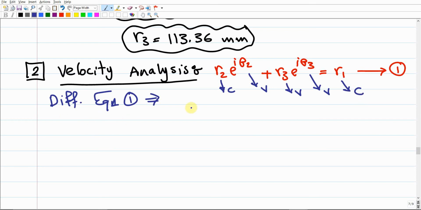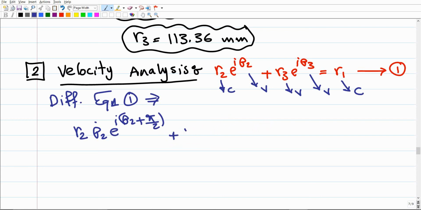So if we differentiate this equation with respect to time, for the first term r2 is constant, so we're going to have r2 θ2 dot e^(i(θ2 + π/2)), because θ2 is the variable. Then we have here the derivative of two varying functions with respect to time, so we fix one and differentiate the other.